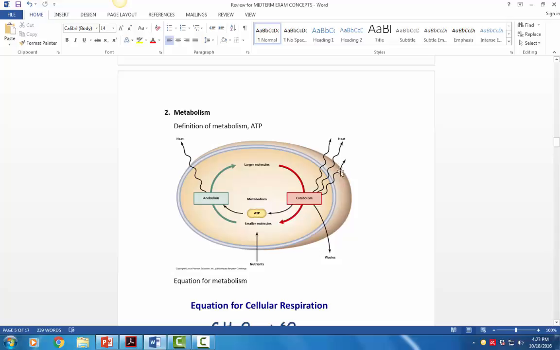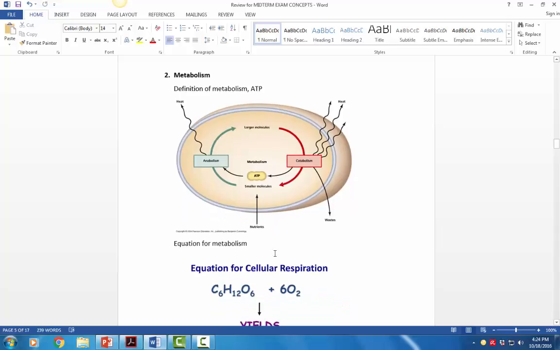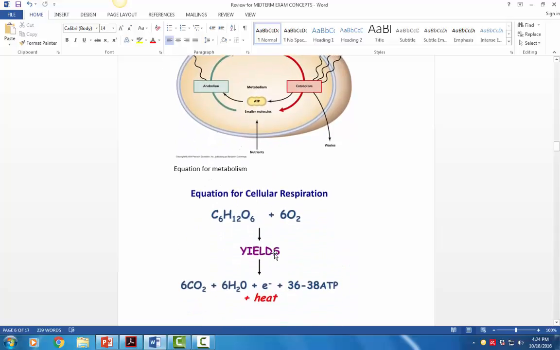But ATP is the main focus of metabolism, either breaking down ATP or creating ATP to fuel future reactions. So the equation that we see in our cells that drives metabolism is taking glucose, which is C6H12O6, in the presence of oxygen, breaking it down into carbon dioxide, water, some free electrons, and 36 to 38 ATP.